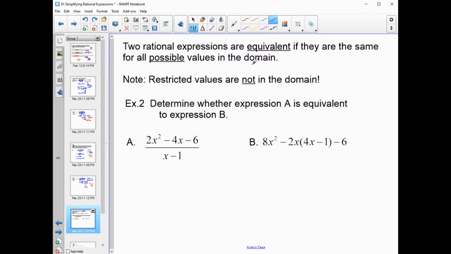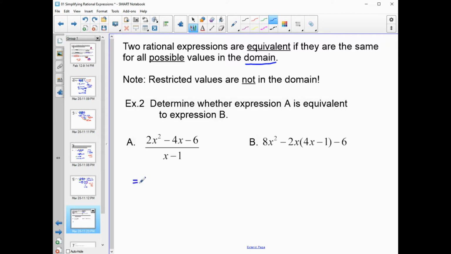So the domain of any expression is the values that are permitted for that expression. So if we're comparing whether or not two expressions are equivalent, we are only comparing them within the domains that are permitted. So let's take a look at expression A, which again is a factored form.